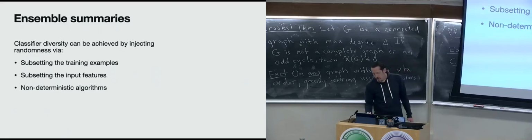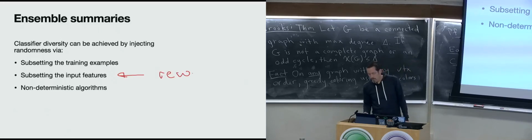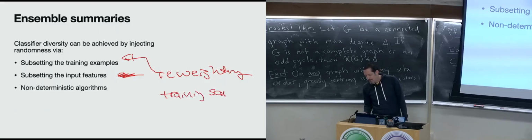And a version of that that we just talked about, which is reweighting. Actually, no, sorry, it's not a features thing. It's an examples thing. Reweighting training samples. That's what boosting does.